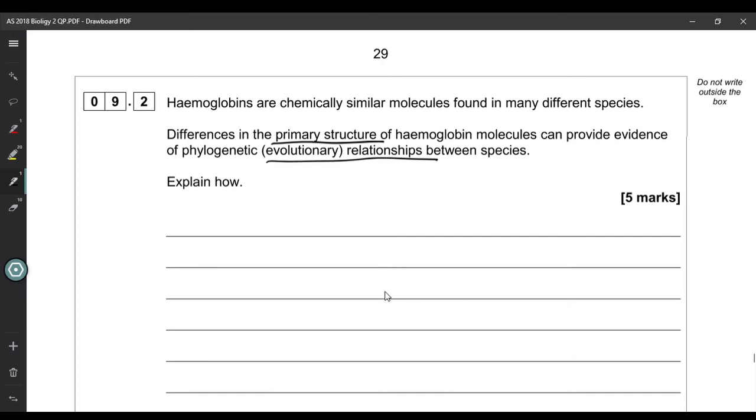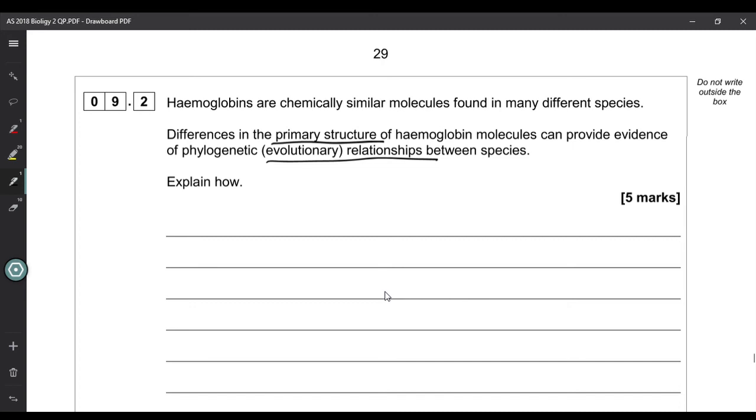So first thing is we've got to link things together. So, how would we get different primary structures, and how could that be linked to an evolutionary relationship? Well, the reason that we would get different primary structures amongst hemoglobins is through mutations in the nucleotide sequence. So we can first of all link what's going to change with how things might change.